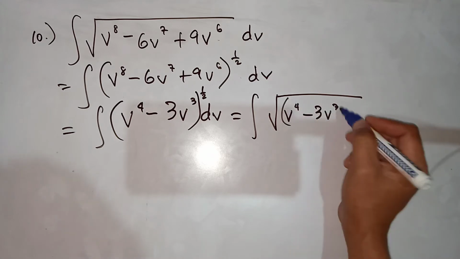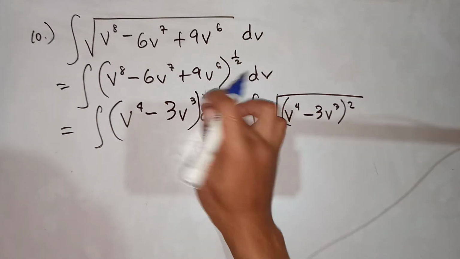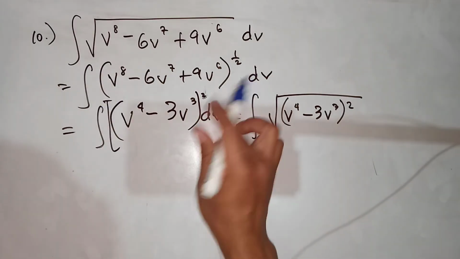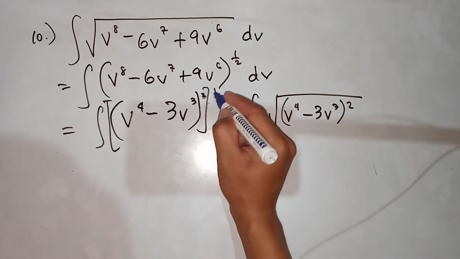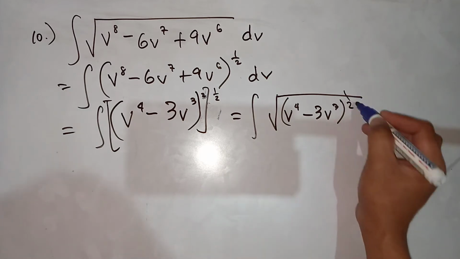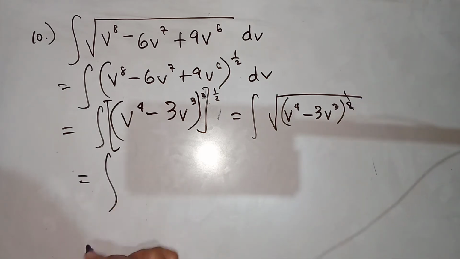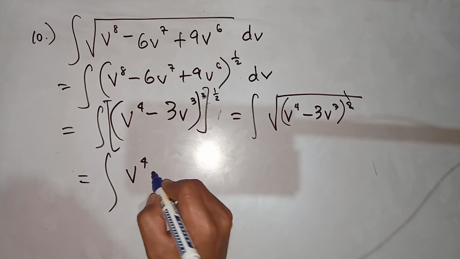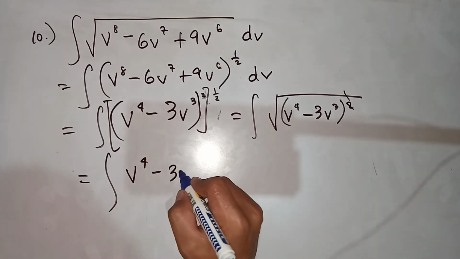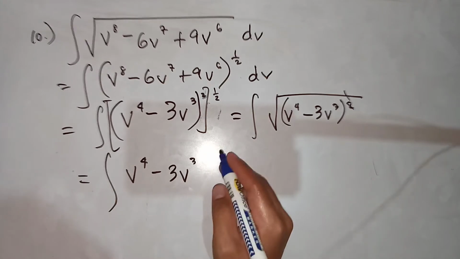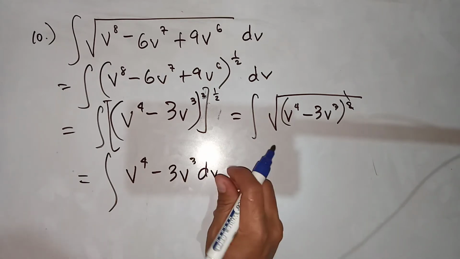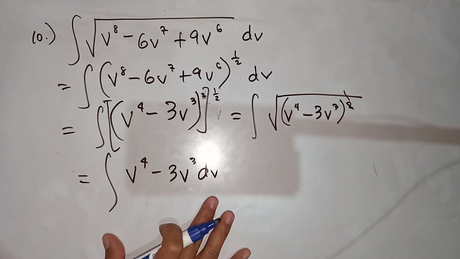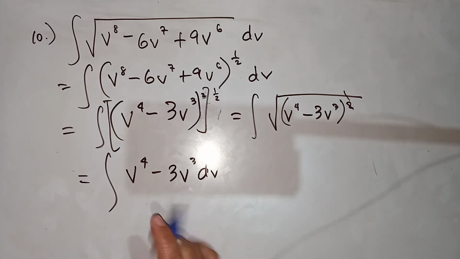So squared, we have squared here, and this cancels out, so we have left over v to the 4th minus 3v cubed dv. And now what I'm going to do is to just integrate this directly.